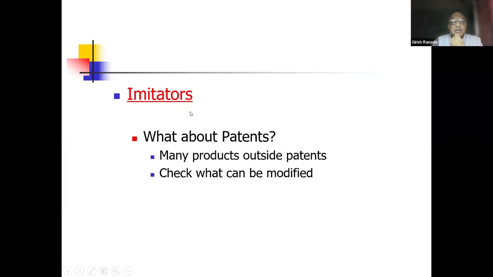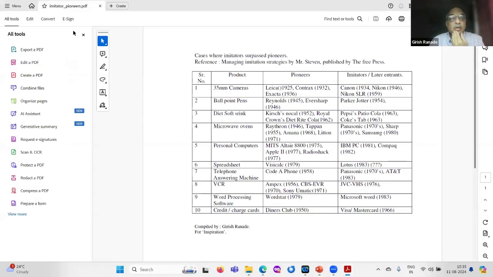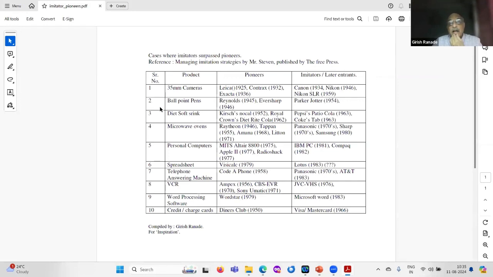So moving ahead, there is a small document which I will open right now. This shows that we cannot imagine who was the pioneer in a particular thing. For example, this is slightly old data, but we can correlate. The 35mm camera pioneers were Leica, Contax, Exacta. I've never heard of these names. But now what we know is Canon, Nikon.